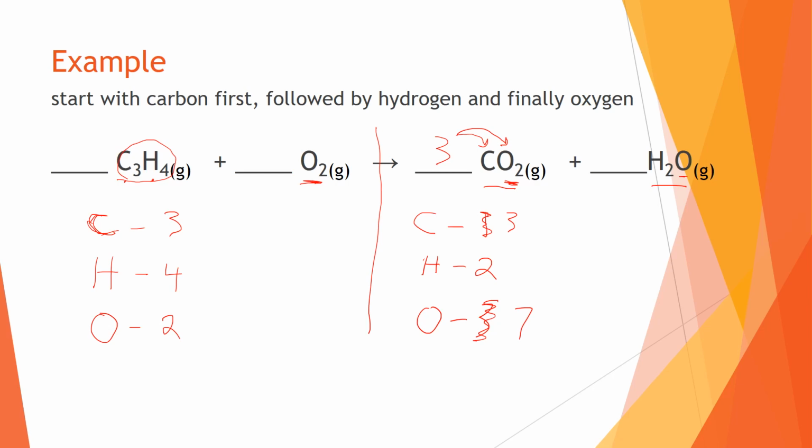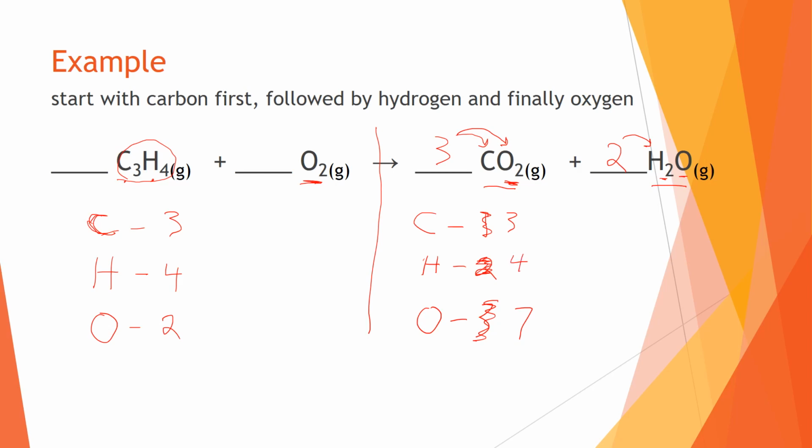Now let's do the hydrogens next. I have 4 hydrogens over here on the reactant side, and I have 2 hydrogens on the product side. So what I need to do is add a 2 here, right? Now 2 times 2 gives me 4 hydrogens on this side.